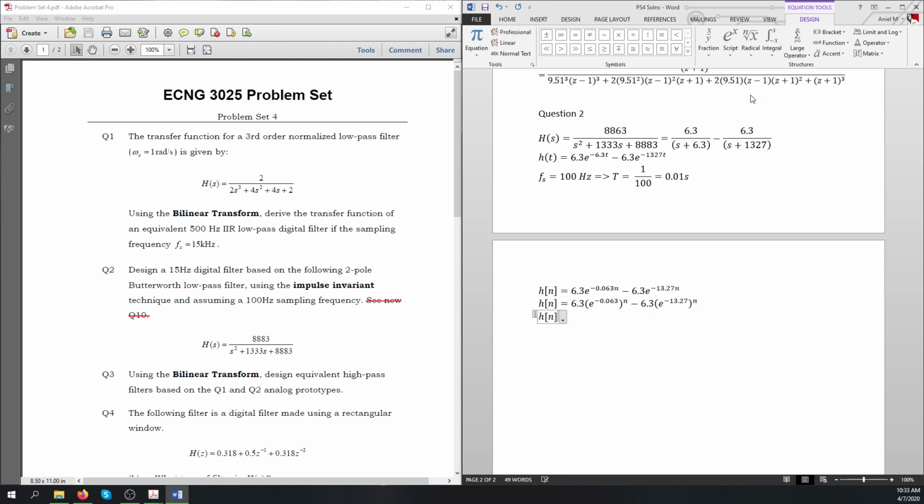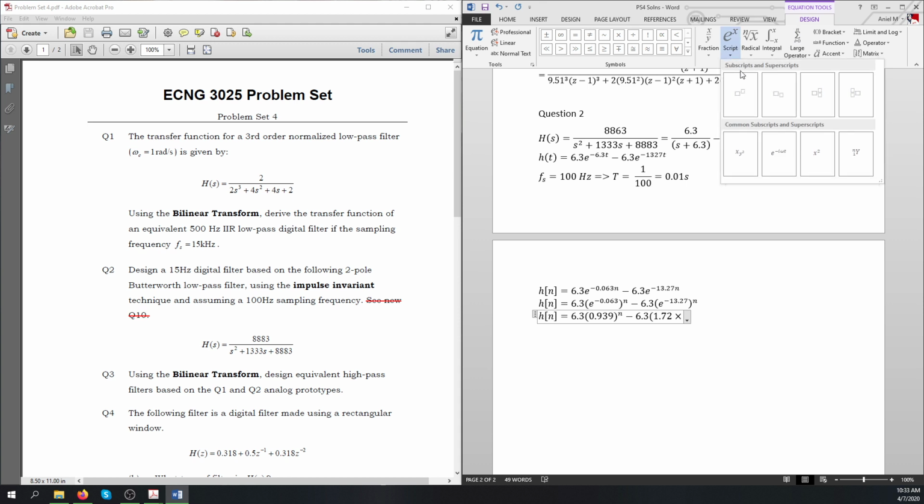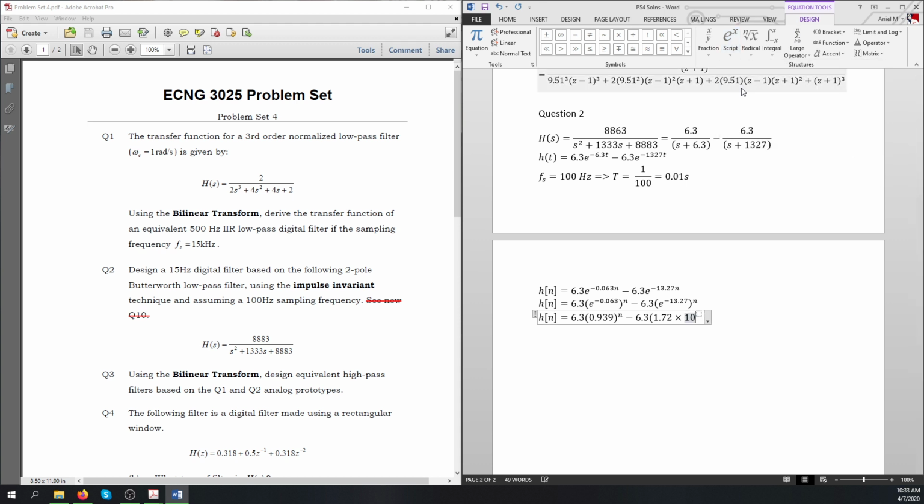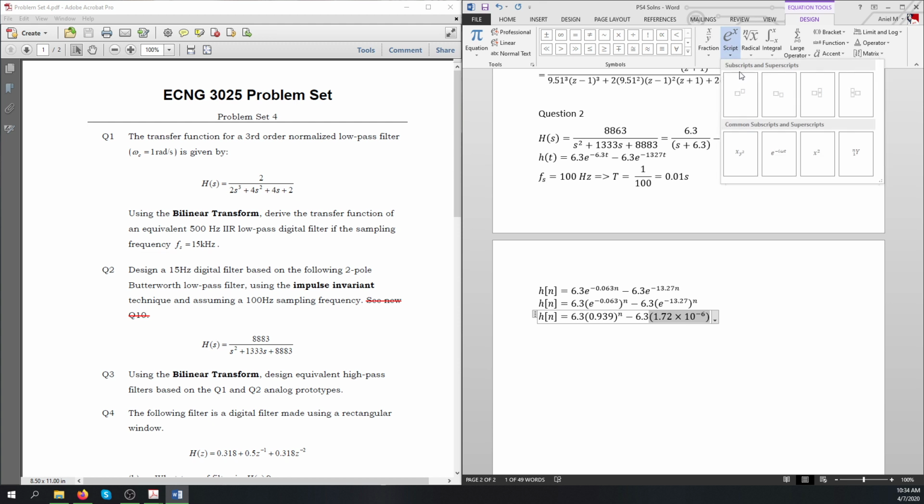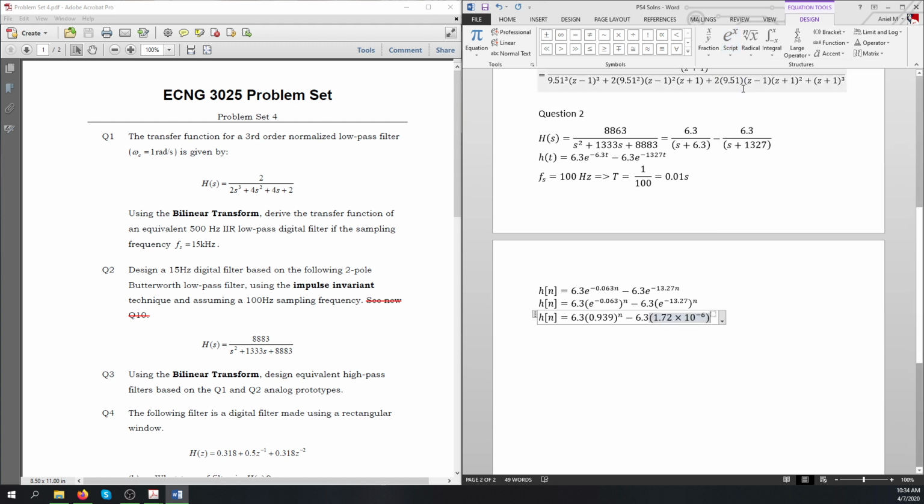So h(n) here will be 6.3 times 0.939 to the power n minus 6.3 times 1.72 by 10 to the minus 6 to the power n.